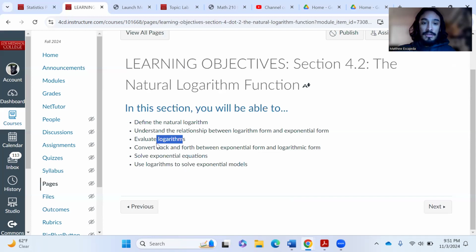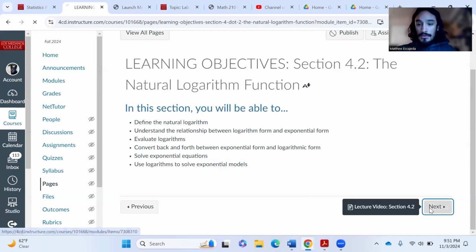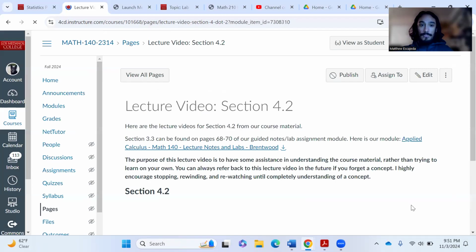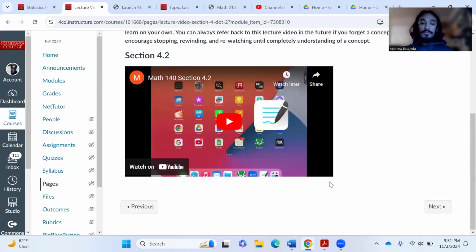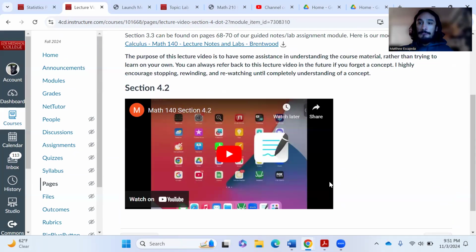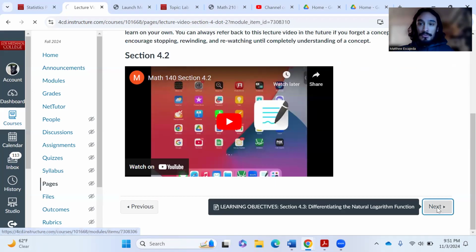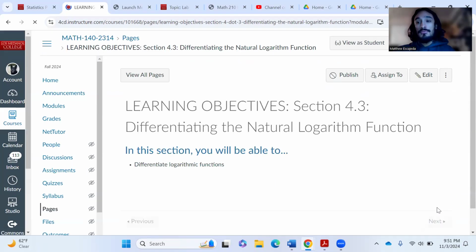Evaluate logs, convert back and forth between logs and exponential forms. Solve exponential equations. We're going to be using logs to do that. And then use logarithms to solve exponential models. Okay, so then here is our video for section 4.2. It's just one video. Make sure to watch that and get a refresher on natural logs and exponential functions, how they relate.